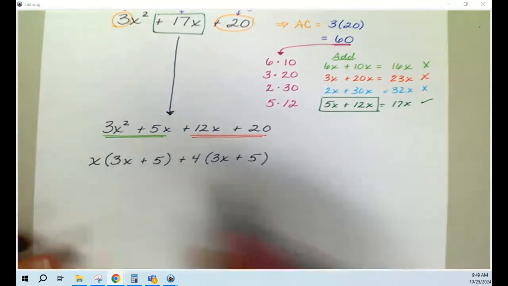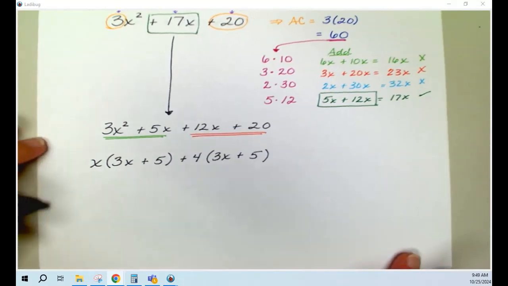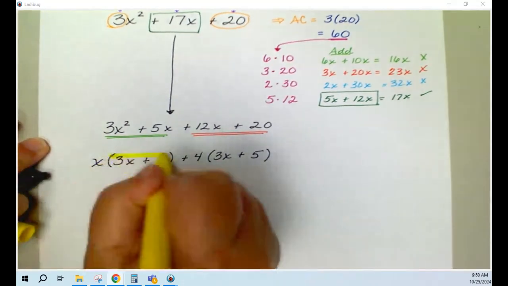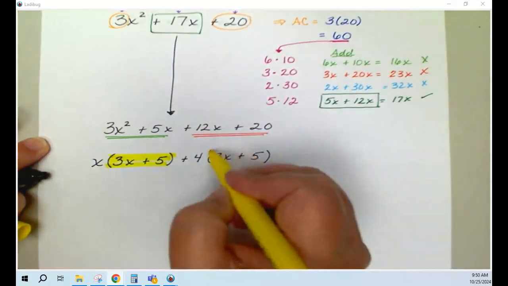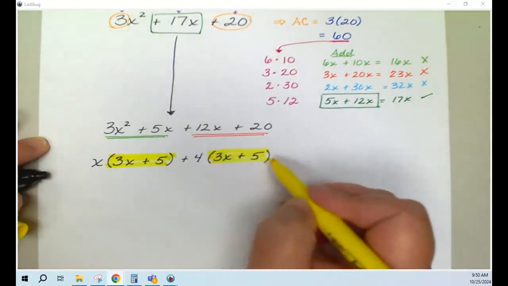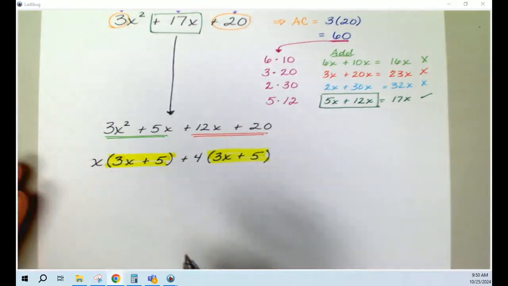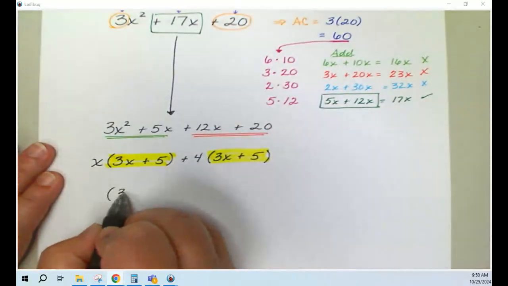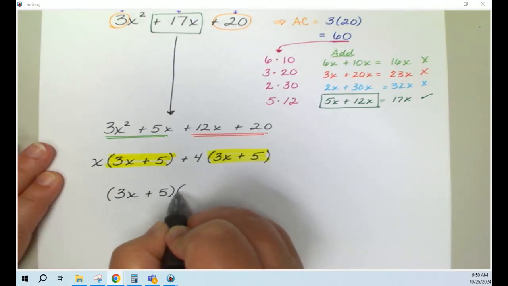Yes. You are going to notice, or hopefully you notice, that there is this 3x plus 5 in parentheses here, and there's also a 3x plus 5 in parentheses here. So what that tells us we can do is that they have that in common. So let's bring out that set of parentheses of 3x plus 5.